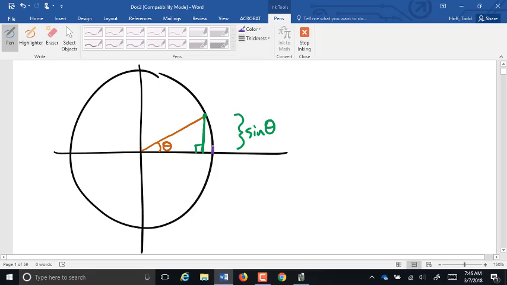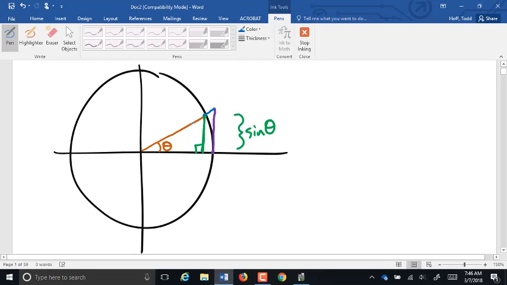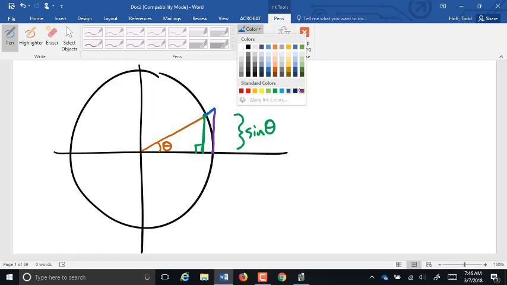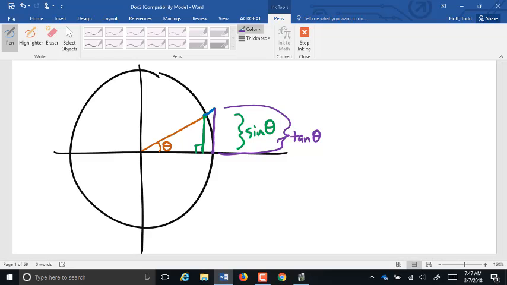Tangent is tangent to the circle at that reference diameter, and it goes until it intersects that terminal side. So the length of that is the tangent of that angle.